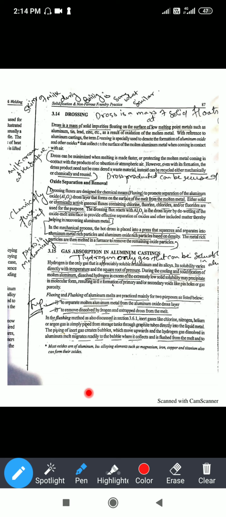Okay, but for degassing, for removing the gas absorbed in aluminum casting, there are two methods they are using, one is fluxing and another one is flushing. So flushing is a common method, which you have studied in the previous classes also.